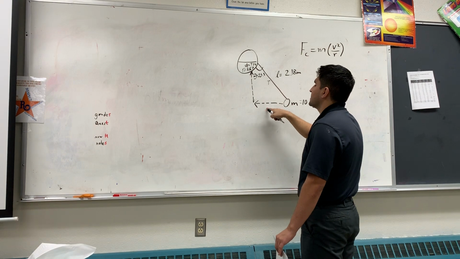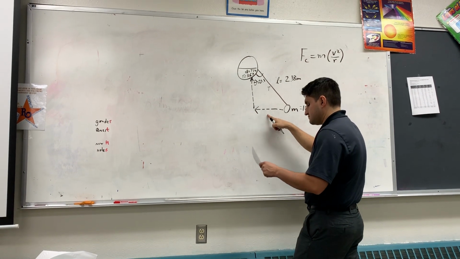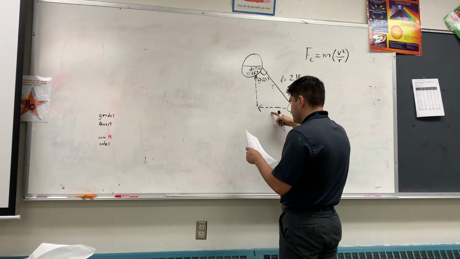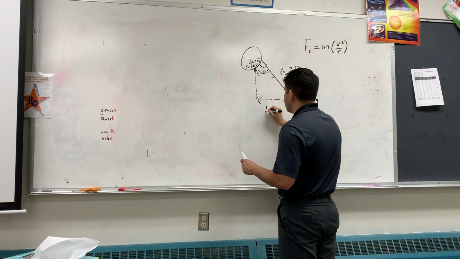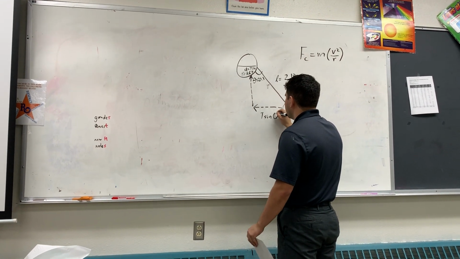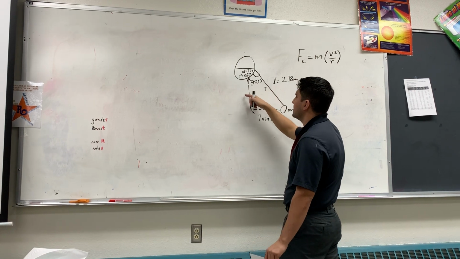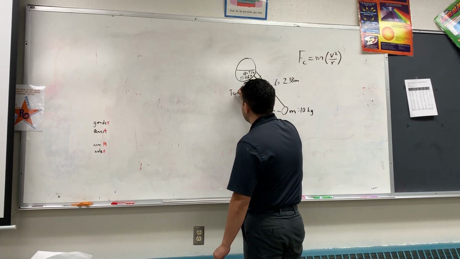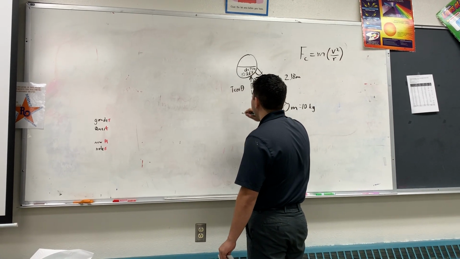Here's my angle, so this side is opposite: T sine of the angle, and this is adjacent, so this is T cosine of the angle.